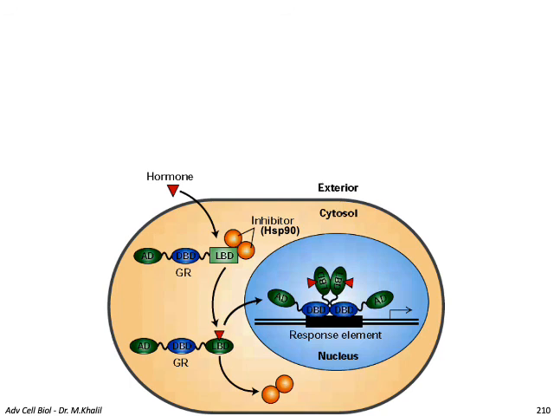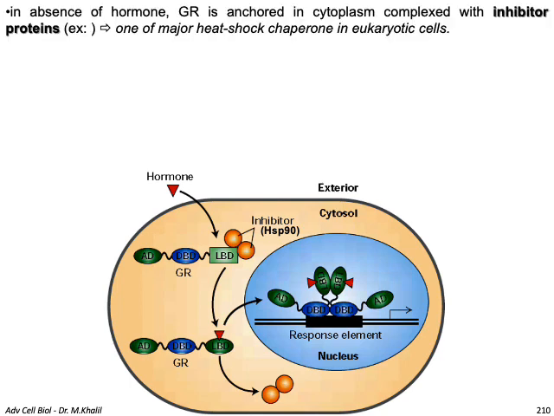You can see here in this sketch, in the absence of the hormone, the glucocorticoid receptor GR is anchored in the cytoplasm, in a complex with an inhibitor protein, one of the major heat shock chaperone proteins. The inhibitor protein, heat shock protein 90, inhibits the GR.